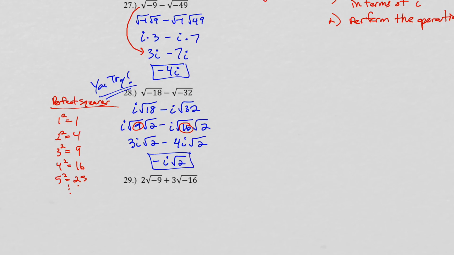Now, the last step here: notice that this is i radical 2, i radical 2. So these are like terms because they both have radical 2's and i's.